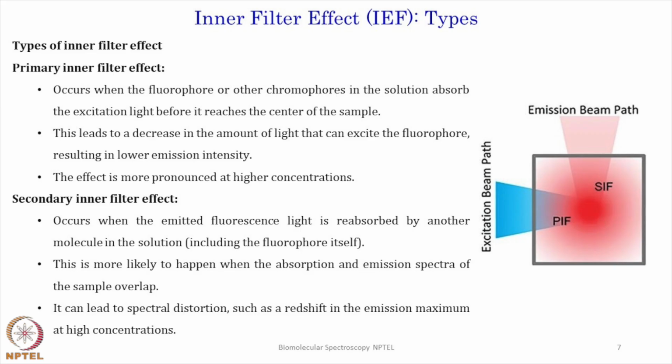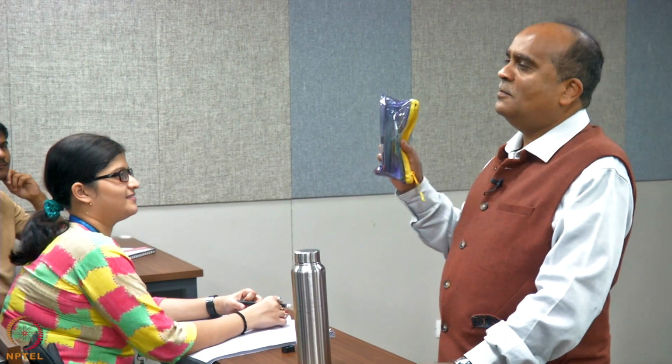So, it occurs when a fluorophore or other chromophore in the solution absorbs the excitation light before it reaches the center of the sample. And it is also possible that, like here is my, again I will take her pouch. So, here is my fluorophore and my fluorophore of interest is her beautiful colored pen that is sitting in the center, right.